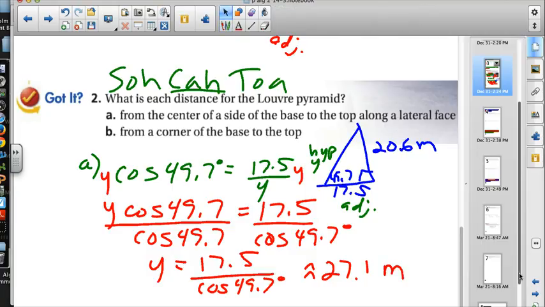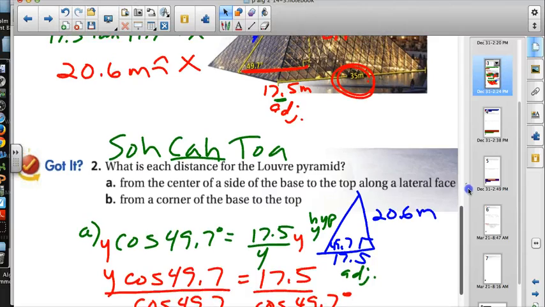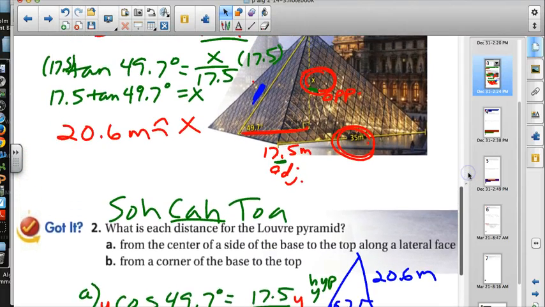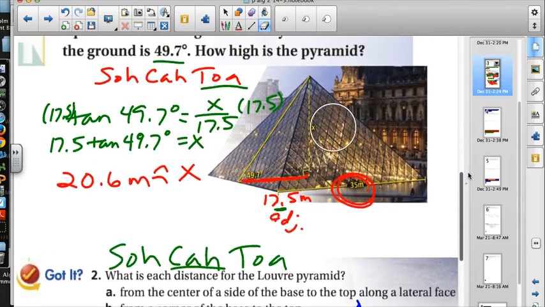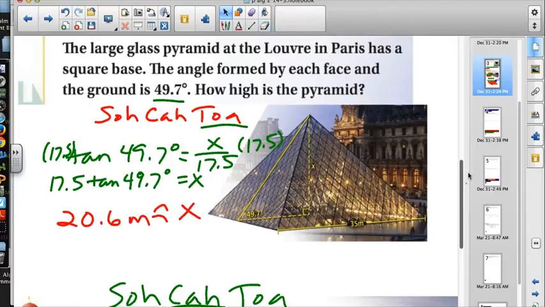Now it says we want to figure this out from a corner of the base to the top. All right, so let's think about where that's going to be. The corner of the base to the top. Well, now that is interesting. So we have to figure out how can we get everything that we need based on what we see here.